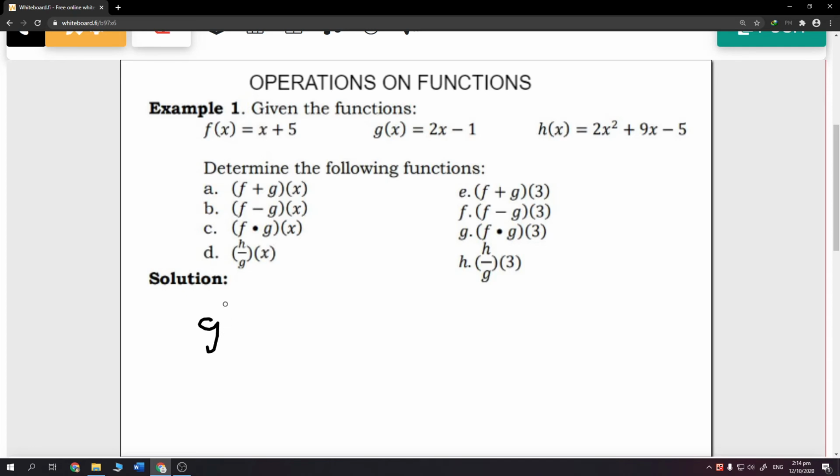Okay, so we are now in letter G. That symbol is the indication of multiplication.